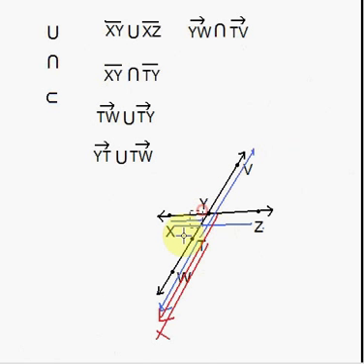YW, that's this, and TV, that's going this way. So now this is the intersection, which means just what they have in common. So that would be this area right here. It would be line segment TY, or you could say YT.